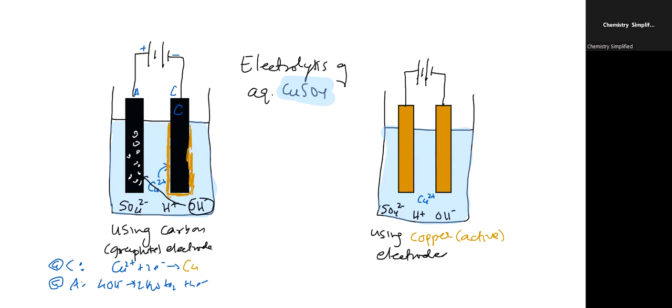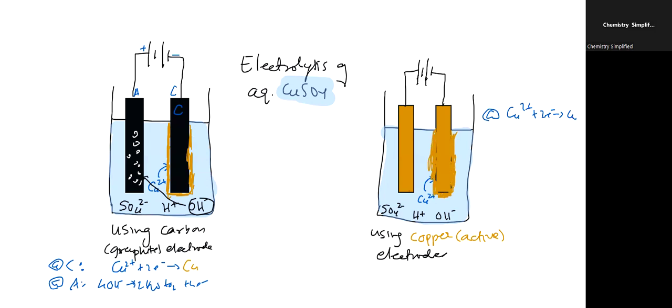Over here, at the cathode the same thing happens. Copper ions will go here, same as what happened there. And the reaction at the cathode will be copper ions gaining 2 electrons to form copper. So there will be copper deposited on the copper electrode. So the electrode will become thicker.